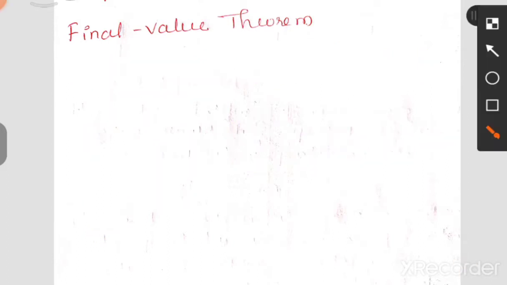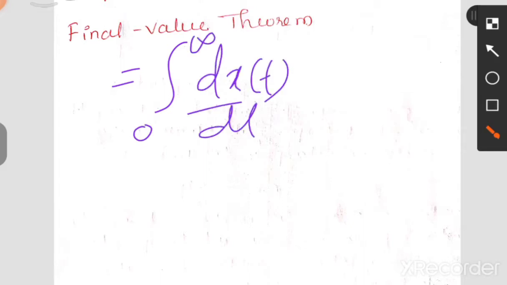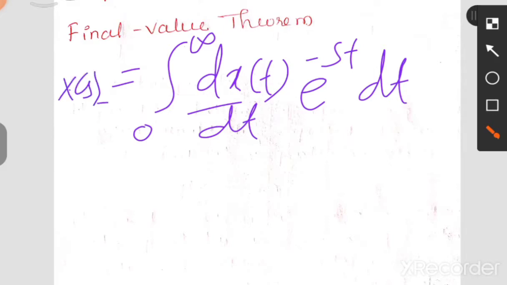So we will take this part, that is the formula part, 0 to infinity dx of t by dt into e raised to minus st into dt. And here we have s into x of s minus x of 0.